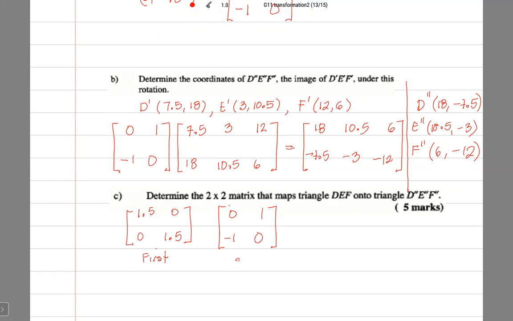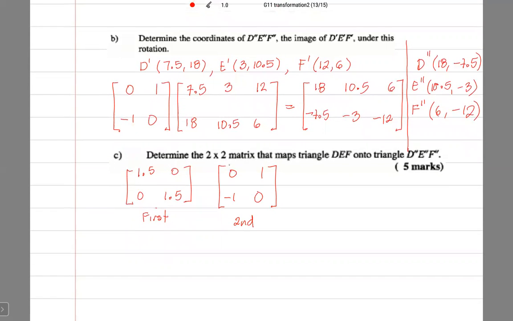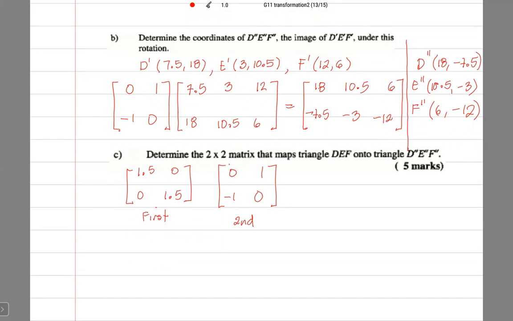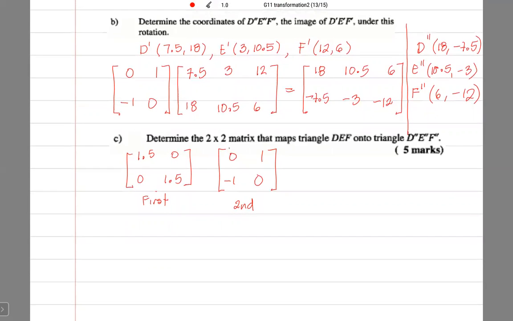If you want to determine one transformation that represents the combined effect of these 2 transformations, you must multiply them, but you must put the first one last and the last one first.